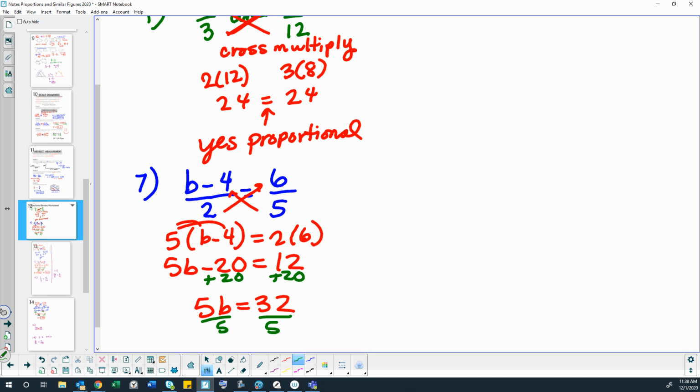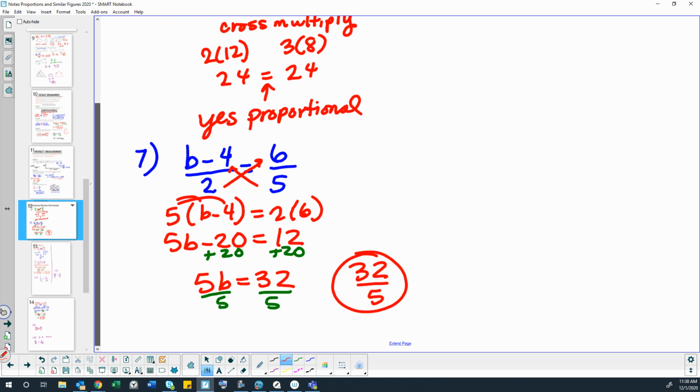So we can either give our answer as 32/5. And let me write that in the way that you'll type it into Canvas. So you type it in as 32 slash 5. Or you can actually divide it in with your calculator and get a decimal.